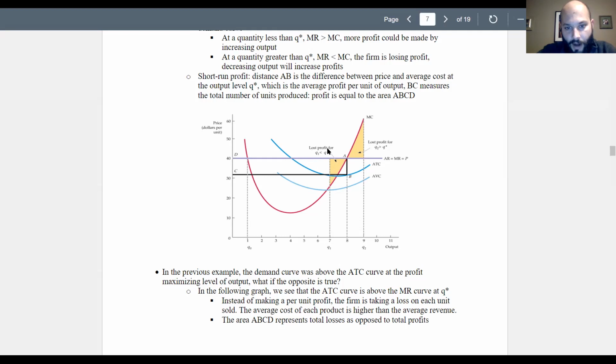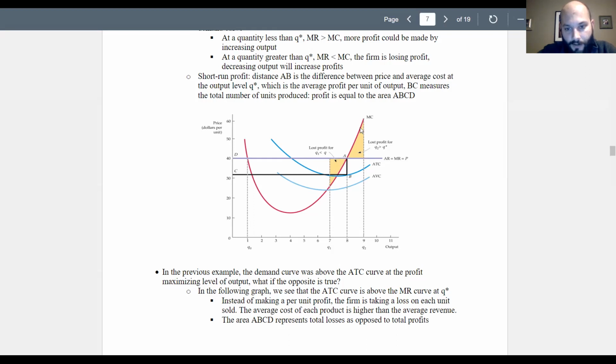There's some lost profit. And likewise, if we produce too much, a Q greater than Q star of 8, the marginal cost, the cost of the next unit, is going to be greater than our revenue. So here, if we produce too little, revenue of the next one is greater than cost. We could profit by making that unit.